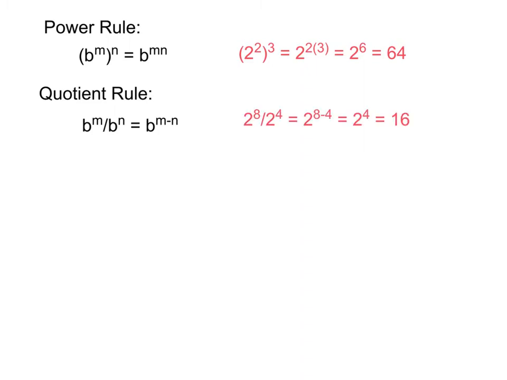For example, if I had 2 to the 8th divided by 2 to the 4th, this would be equal to 2 to the 8 minus 4, or 2 to the 4th, which is simply equal to 16.